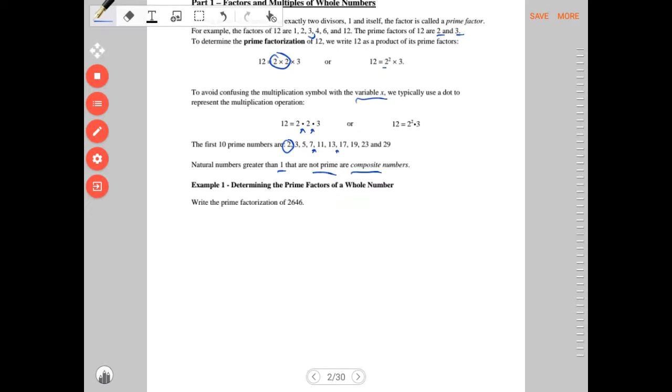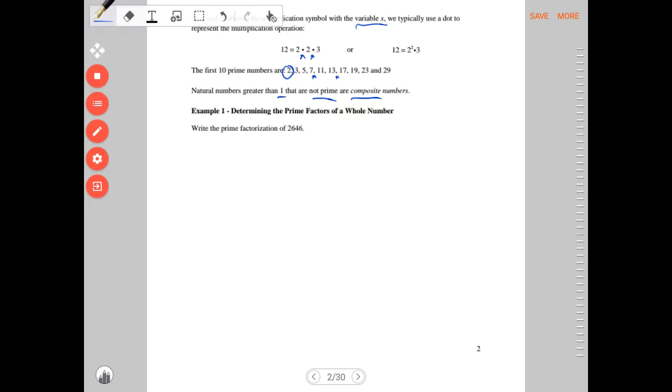Example 1, determining the prime factors of a whole number. One of the easiest ways to do this is with what's called a factor tree. We take this big number, and we notice right away that it ends in an even number, which means it's divisible by 2. So 2646 divided by 2 is 1323.